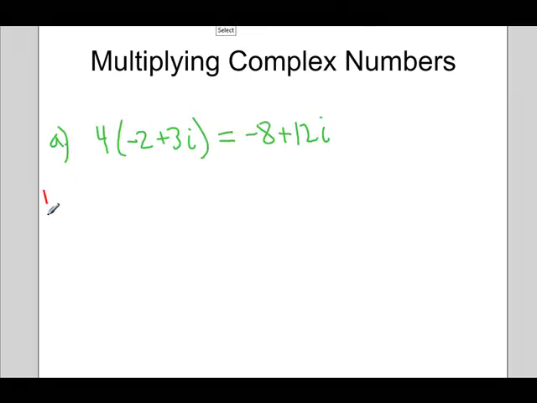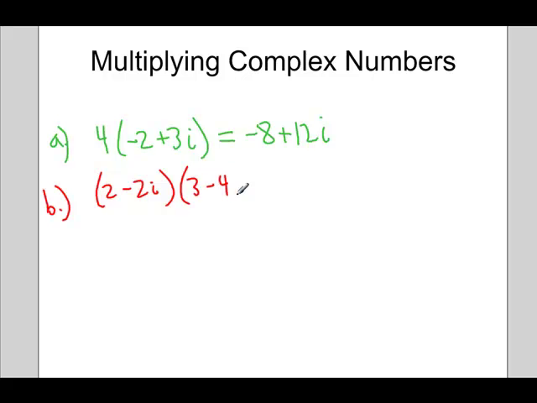Let's say we have 2 minus 2i times 3 minus 4i. Well, we're going to FOIL that out. Our first term is 2 times 3 is 6. Our outer term is 2 times negative 4i, so that's minus 8i.